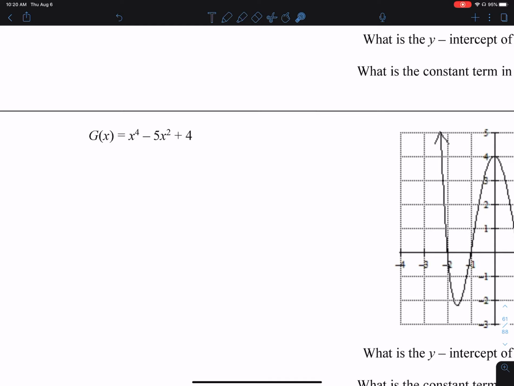So this is not a perfect square trinomial. So then we just try to see, can we break this into two binomials? The lead coefficient is 1, so it's the easy type to factor.